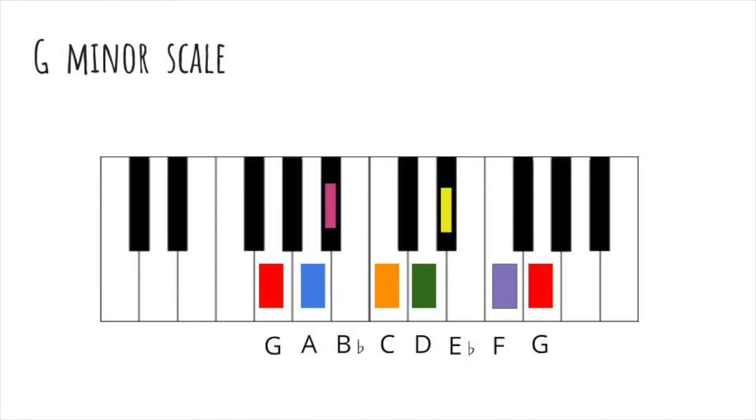Coming back to the G minor scale, a B flat, an E flat and an F natural before you get back up to the G. And that's a picture of the same pattern that we found in the C minor scale.